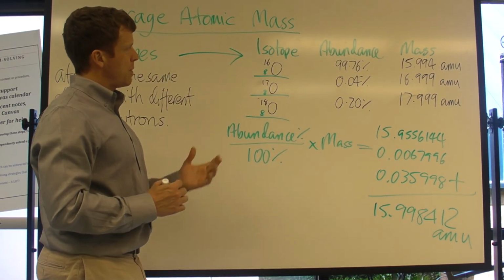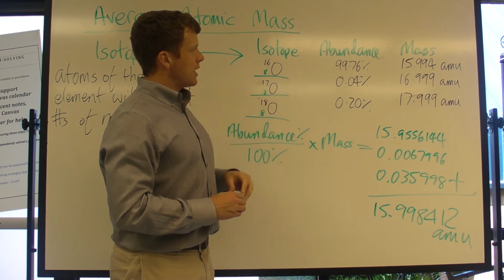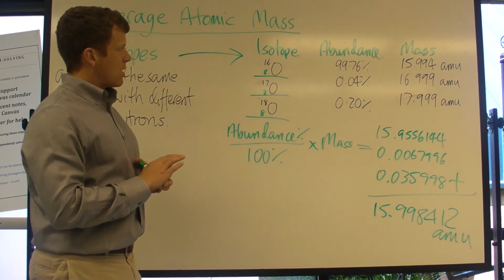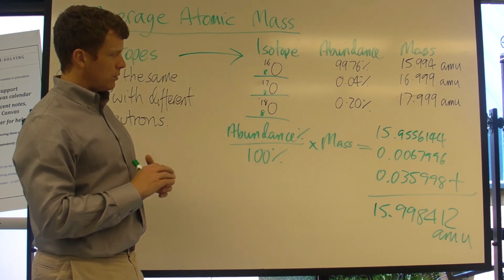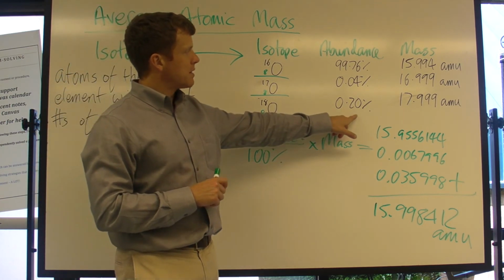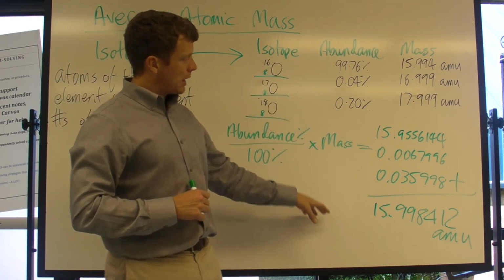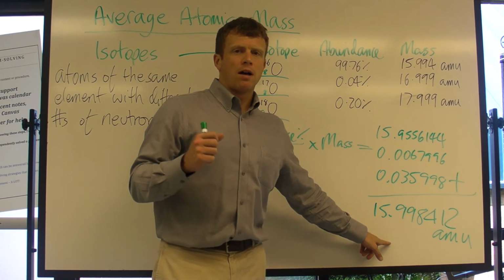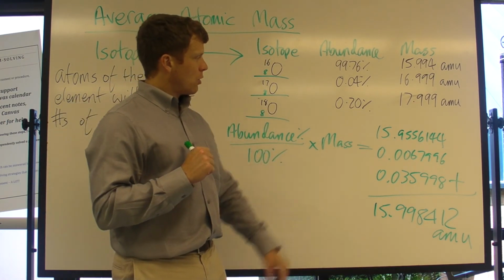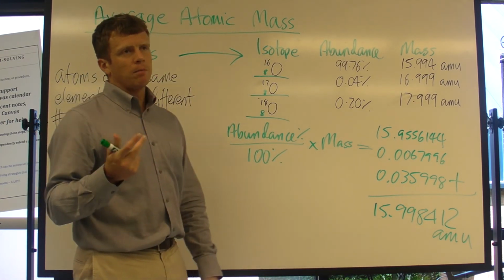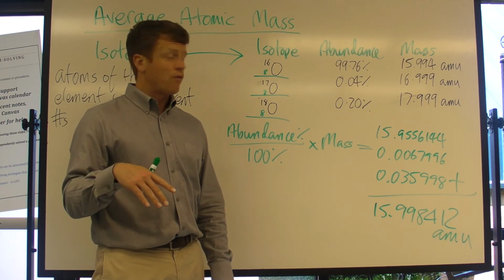And so to be correct about rounding, what we're actually going to do is go to the number of decimal places. We do some multiplication, but the last step would actually be addition. So applying that rule of adding numbers with different numbers of significant figures.